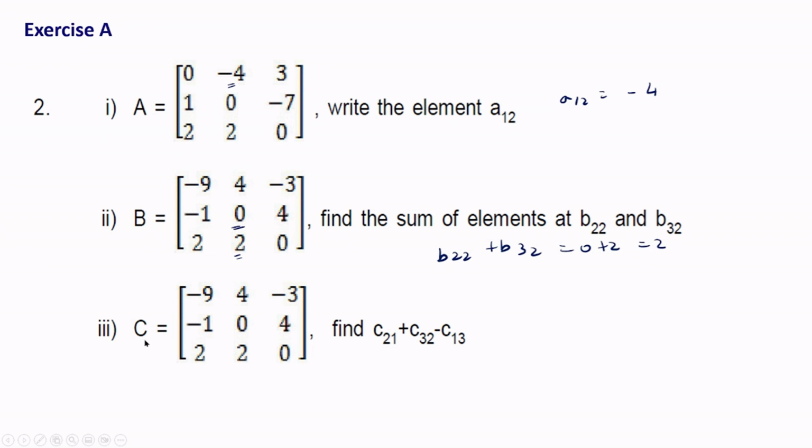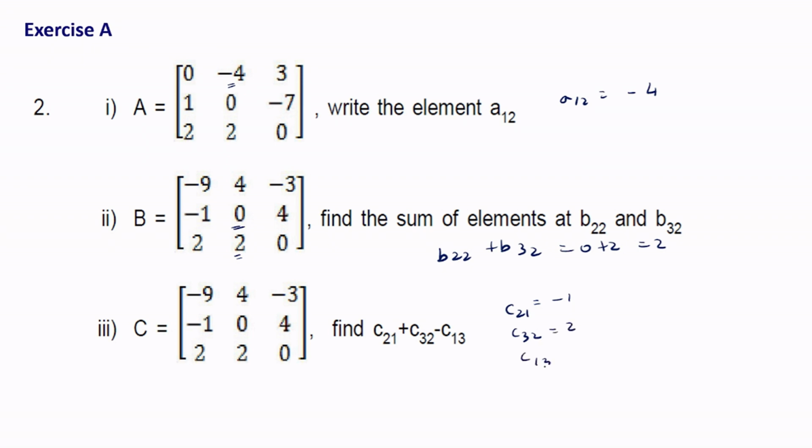Next we have C as this given matrix. Find C21 plus C32 minus C13. So here C21 is the element in the second row and the first column, it is minus 1. Then C32 is the element in the third row and the second column, it is 2.